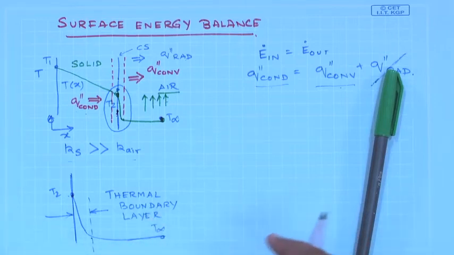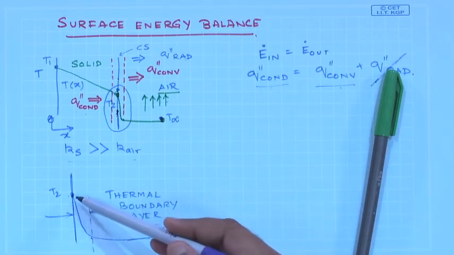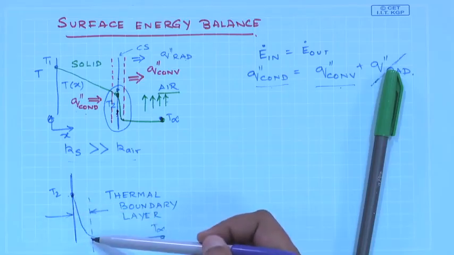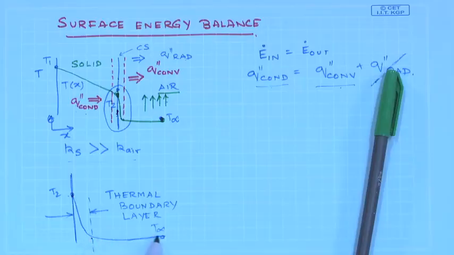So, in a thermal boundary layer, as I have shown you, the temperature changes suddenly till it reaches the temperature of the free stream.